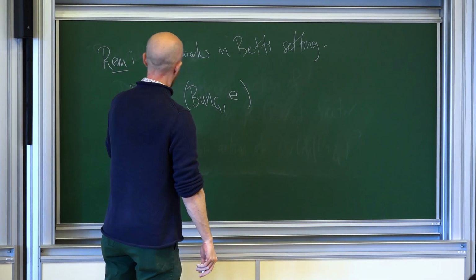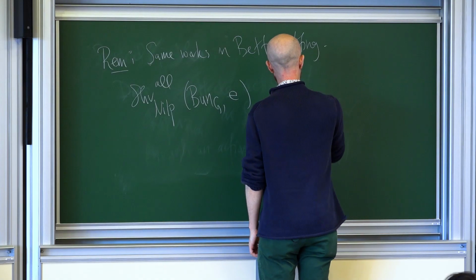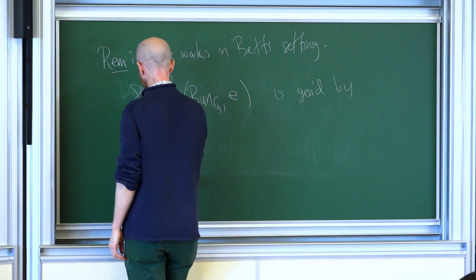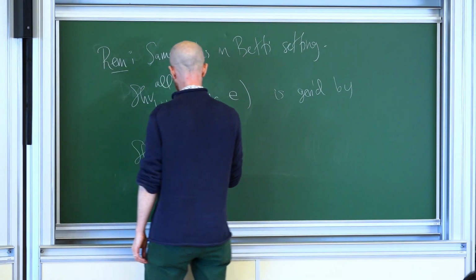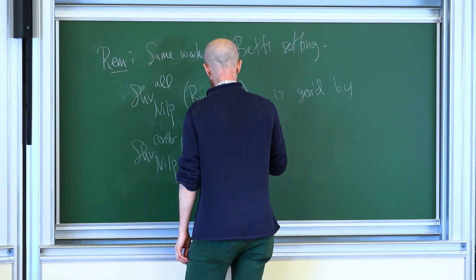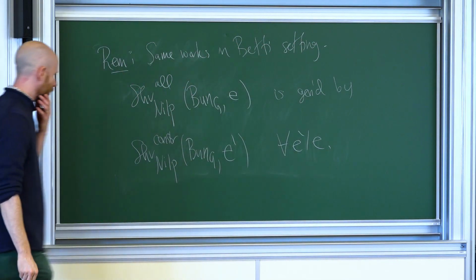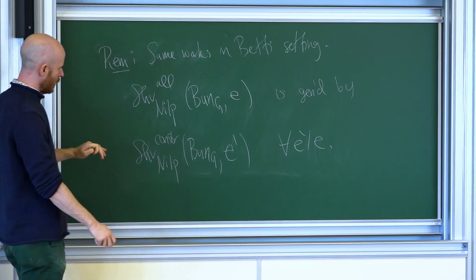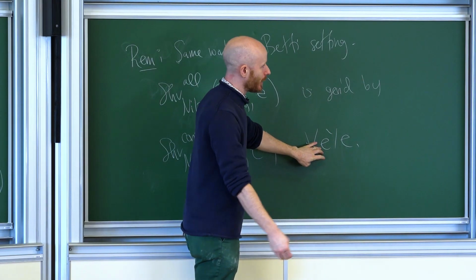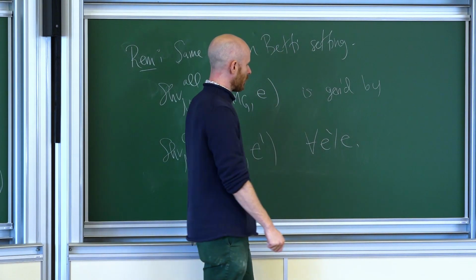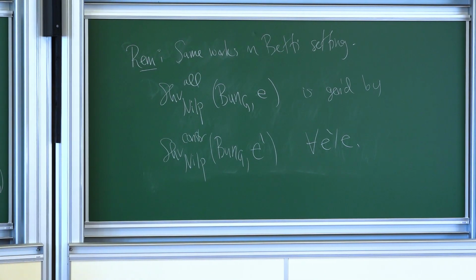I allow weakly constructible sheaves with nilpotent singular support. And this is generated by this Sheaves nilp, not weakly constructible, but honestly constructible on Bun_G, but I allow E prime, for all E primes over E. Again, with the same property that if you start with, let's say, in topology, a local system of E prime vector spaces, maybe a finite rank local system, but then you consider it as a local system of E vector spaces, it doesn't have to stay constructible. It may just be weakly constructible.